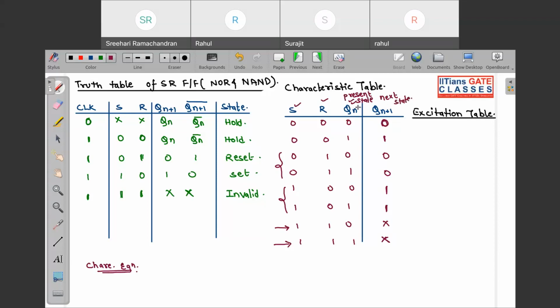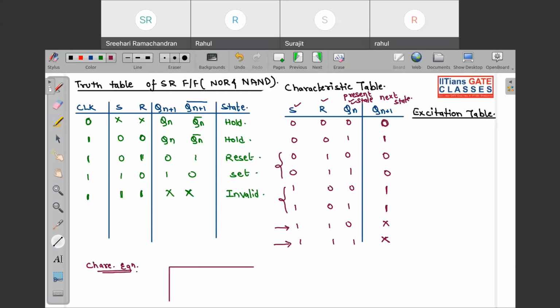Okay, so this is your present state, or you can even say past state, and this one as present state. But usually in all the textbooks, this is referred to as present state, this is referred to as next state. So characteristics equation basically relates your input and present state with your next state. Okay, so let us try to do that.